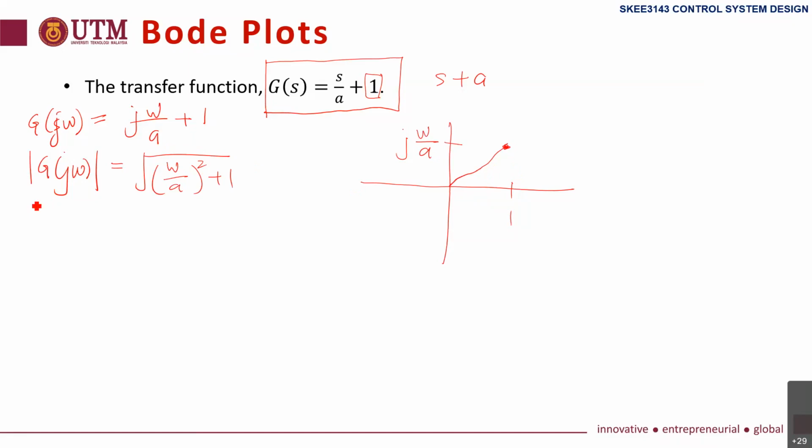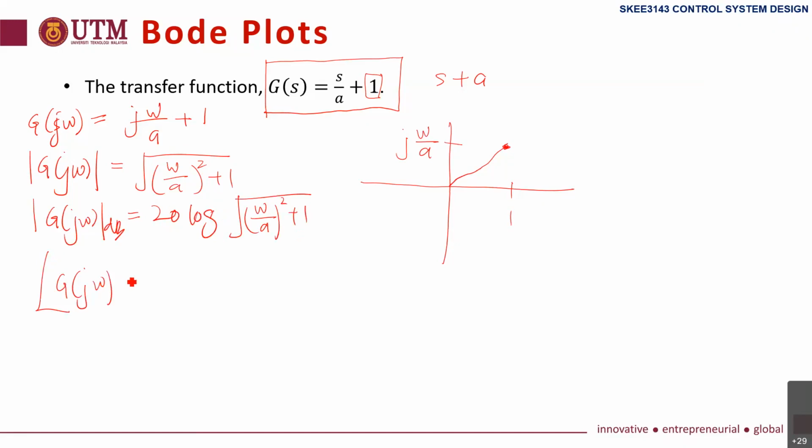We want it in dB, so 20 log of this. Okay, so that is for the magnitude. Then for the phase angle, this is the angle that we want, theta here.